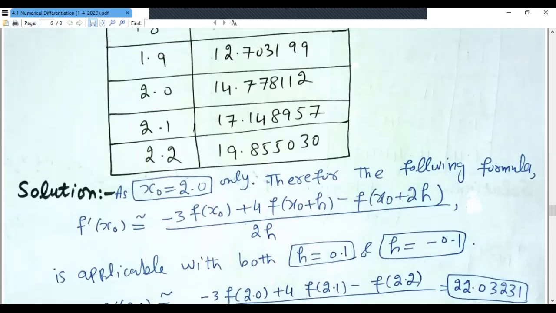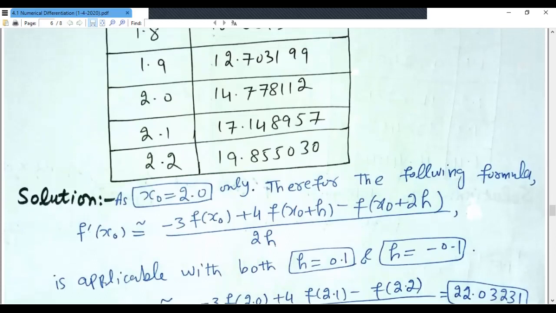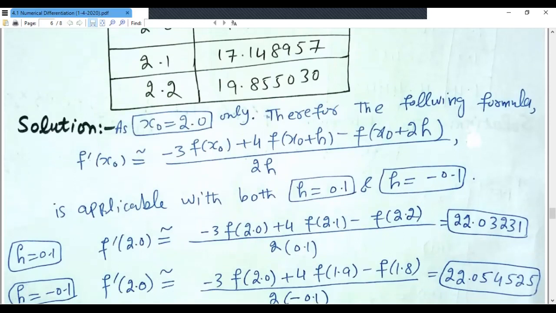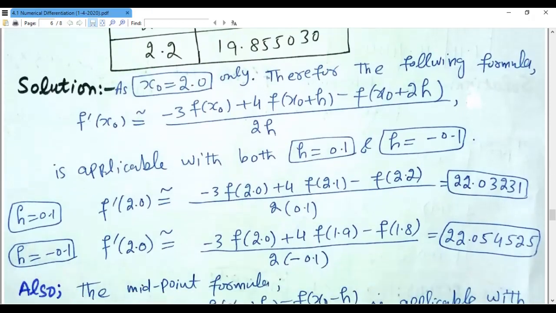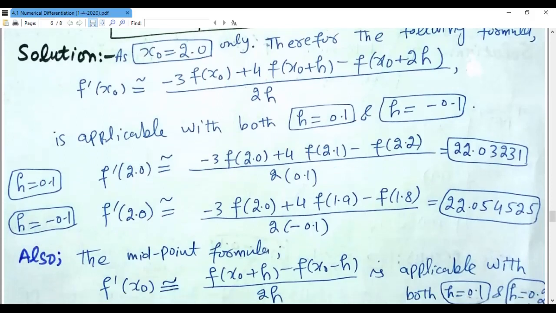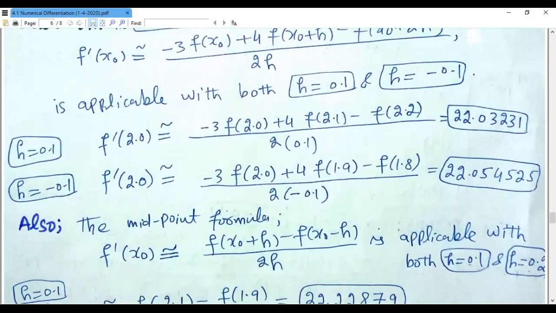Similarly, if x naught is 2 and h is minus 0.1, then x naught plus h will be 1.9, and x naught plus 2h, that is 2 minus 2 into 0.1, will be 1.8. So that's why we can use the endpoint formula with both h equal to 0.1 and h equal to minus 0.1.